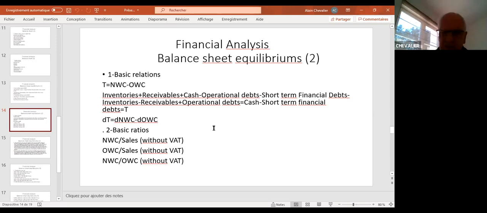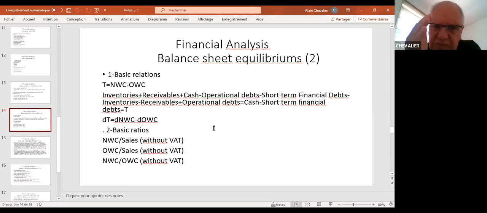Just so you understand very well, the first one, net working capital over sales, is of course calculated without VAT. It's a question of homogeneity. There is no VAT included in the calculation.